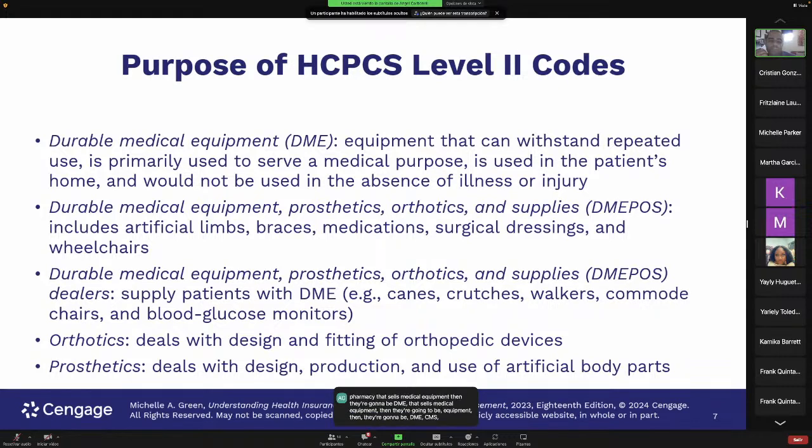Glucose monitor tests and strips, all of those are going to be included. So we say orthotics and prosthetics. Orthotics is the orthopedic device, and prosthetics is a replacement for an artificial body part. A prosthetic is like an artificial leg, for example. Orthotics is something that goes into shoes, for example, inserts for diabetic shoes.